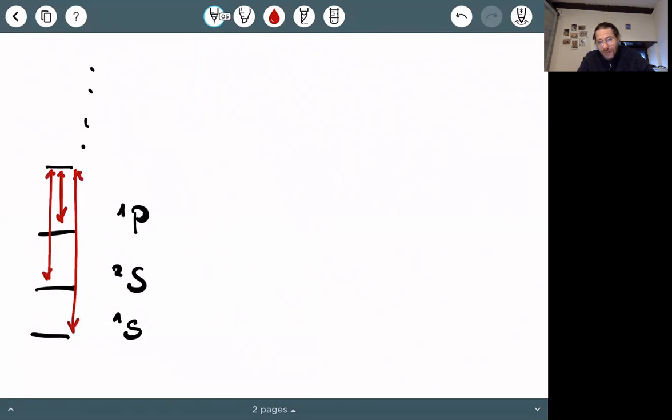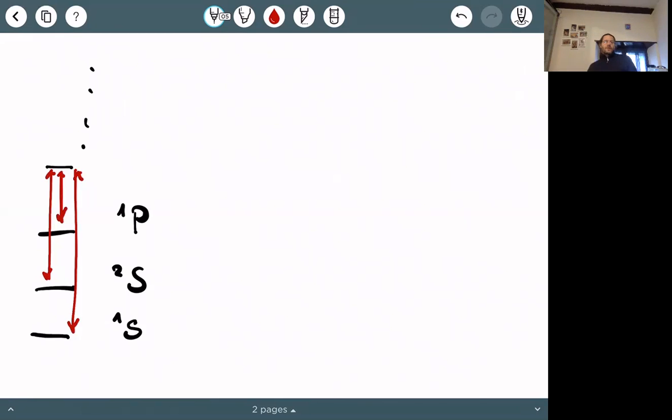And the fact of having these distances enabled scientists to perform a very thorough evaluation of the accuracy of this equation. How? Basically by shining light of different wavelengths onto hydrogen atoms.